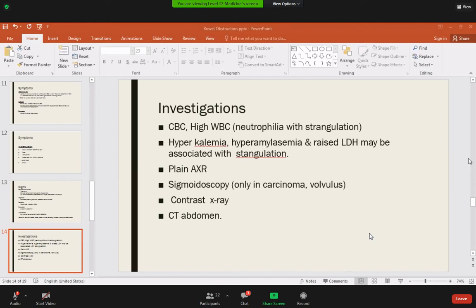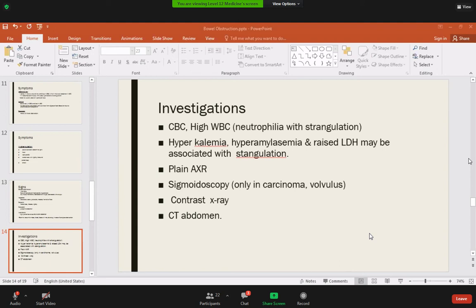When we go for a plain abdominal X-ray, you may see air fluid levels. You may see the specific patterns of the gut which is involved in obstruction. In large gut obstruction, if the patient is presenting to you with sudden severe obstruction, go for a sigmoidoscopy. Sometimes the sigmoidoscopy not only gives you the diagnosis, but sometimes it also reverts the cause, especially in cases of intussusception or volvulus.